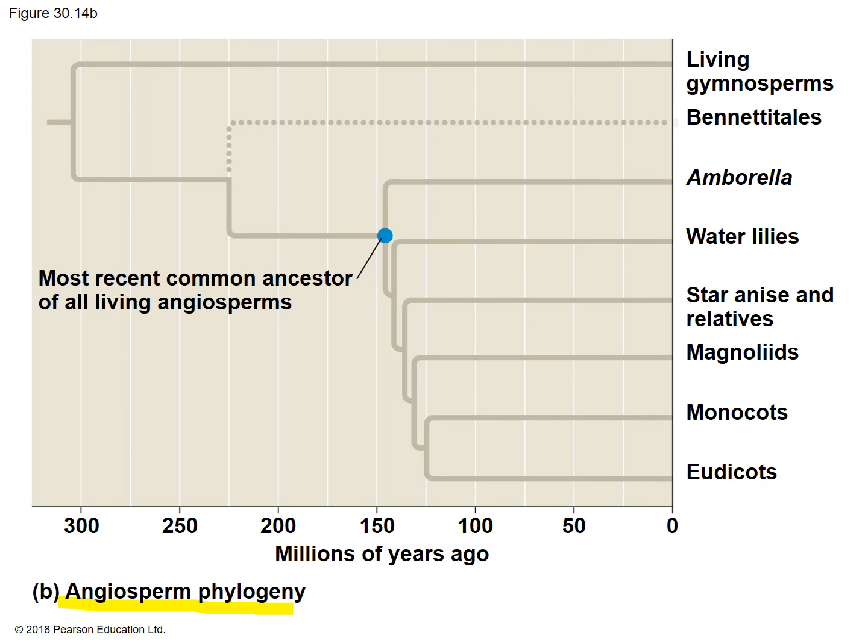The dotted line shown here indicates the uncertain position of a possible sister group of extant angiosperms. Therefore, for angiosperms, as we have mentioned before, we have one phylum, Anthophyta.